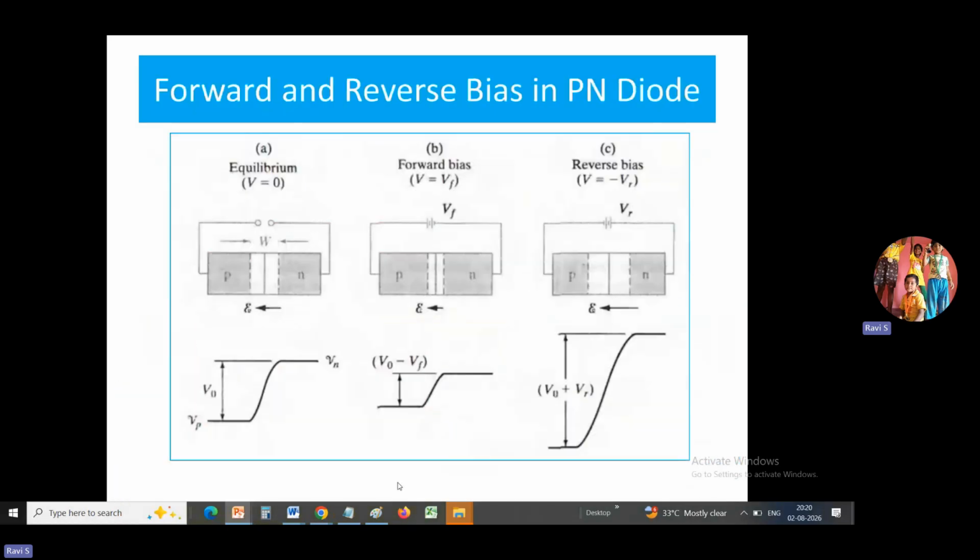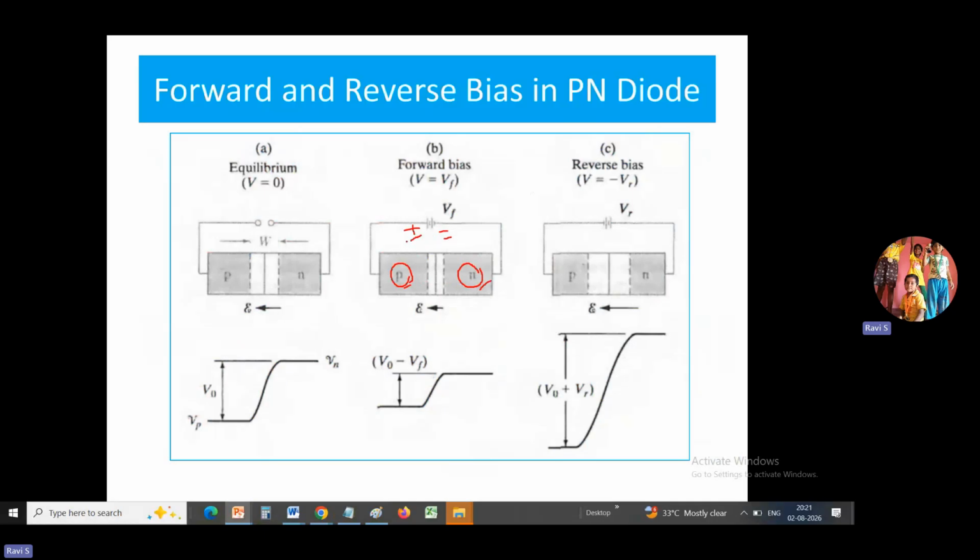Now let us try to identify the reason behind this. Forward bias means the positive end of the battery is connected to the positive terminal of the PN diode, and the negative terminal of the battery to the negative terminal of the PN diode. Nothing but P-type and N-type materials are connected to the positive and negative terminals of the battery.